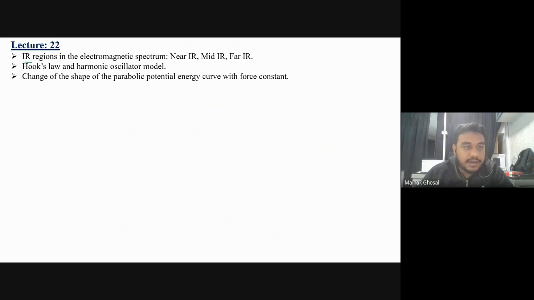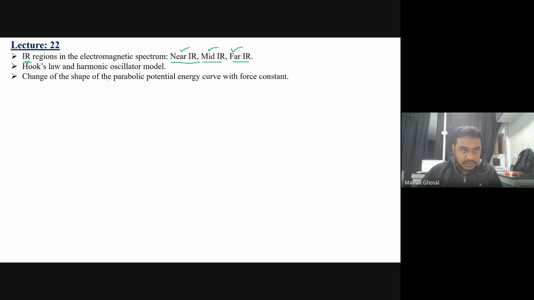It was also discussed in previous classes, though I can't remember exactly which class, that the infrared energy zone of the electromagnetic spectrum is responsible for vibrational transitions. In the IR region, three different types were discussed: near IR, mid IR, and far IR. There will be a question regarding this, which I will discuss then.